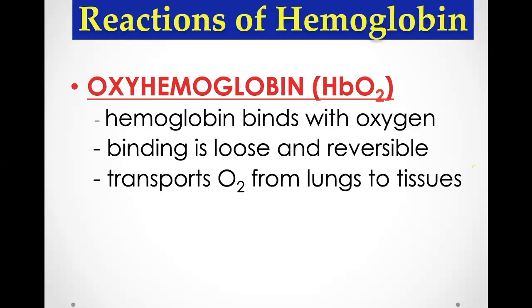So once oxygen and hemoglobin bind, what compound is formed? Oxyhemoglobin. Now, always remember, when oxygen and hemoglobin bind, it is characterized as a loose and reversible type of binding. And it is oxyhemoglobin which transports oxygen from the lungs to the tissues.